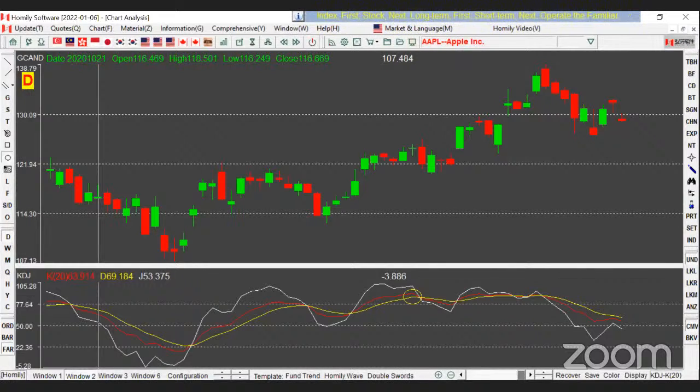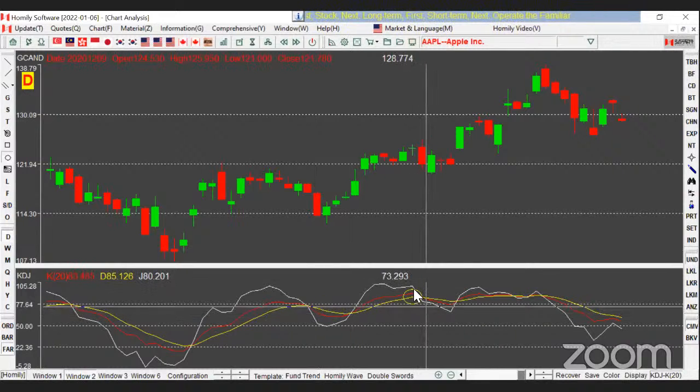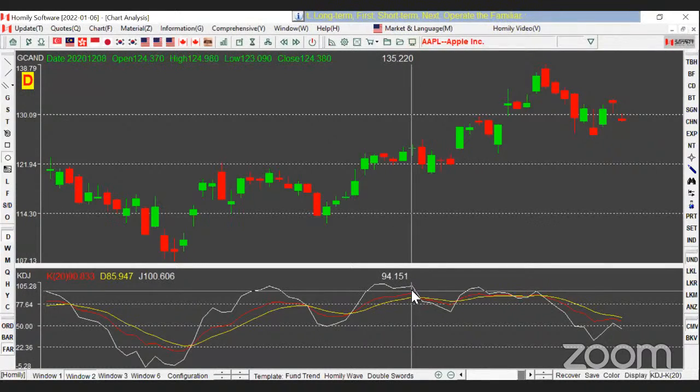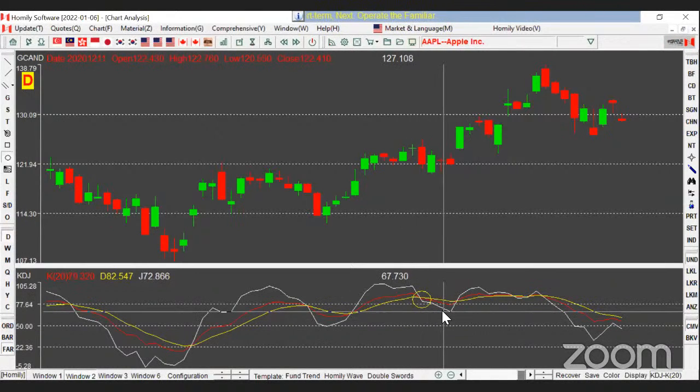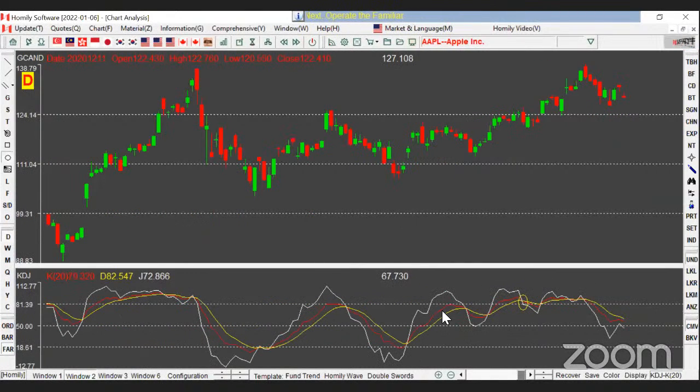Why is KDJ seemingly not so applicable or so powerful here for Apple? There is a reason, because this is the unilateral rise market. So later we will talk about when is the best situation to apply KDJ.